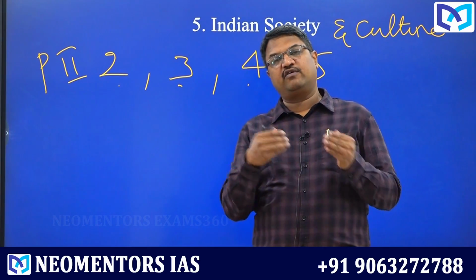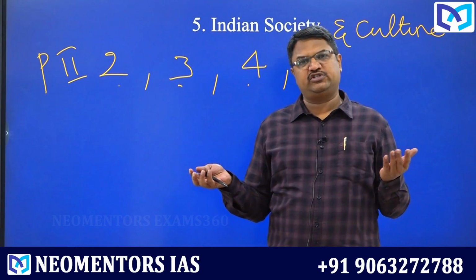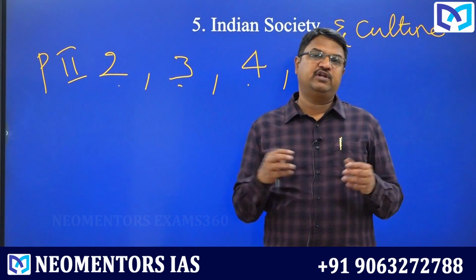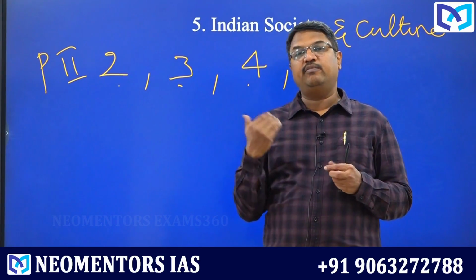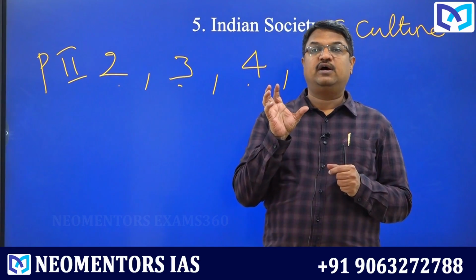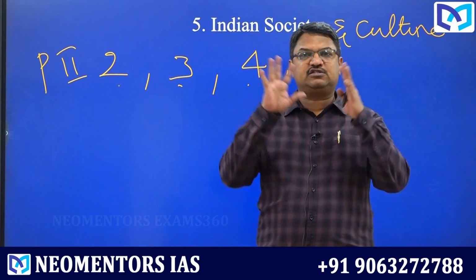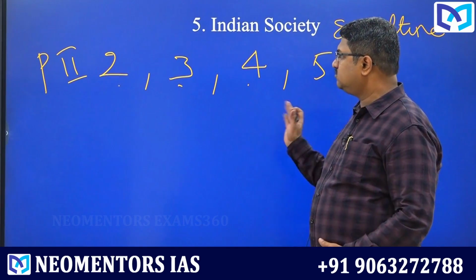And taking it forward, coming to India: where this caste system has originated, how joint family operates in India, how nuclear families are going further, and how marriage systems are being practiced in various Indian societies. So this you can understand as a mainstream society, Indian society at large.